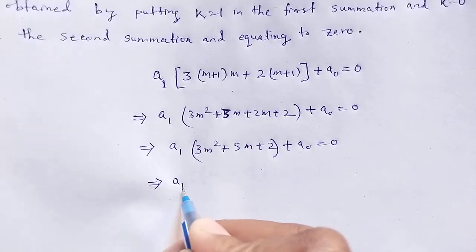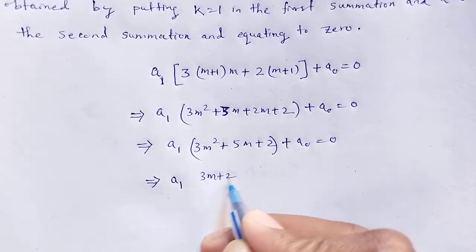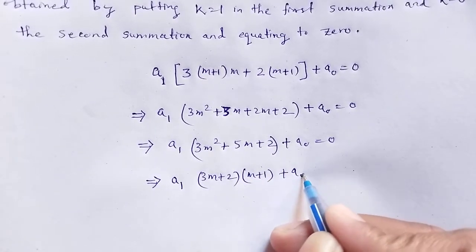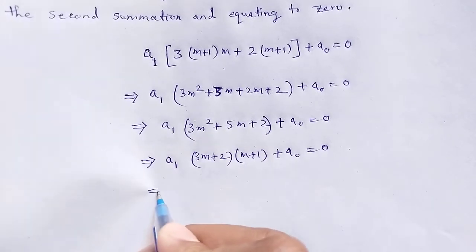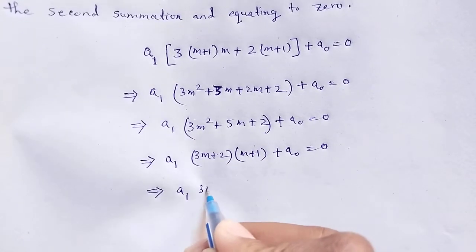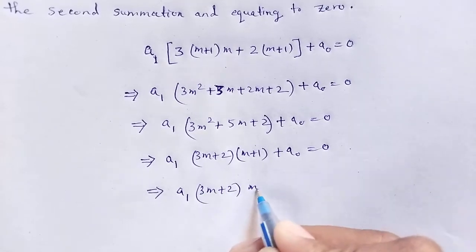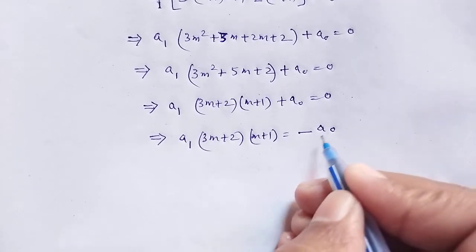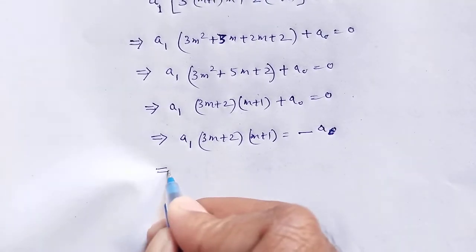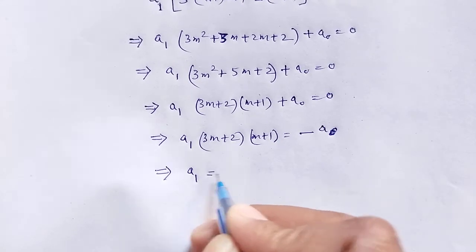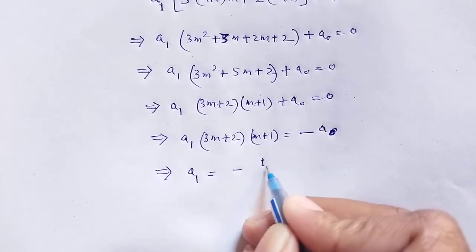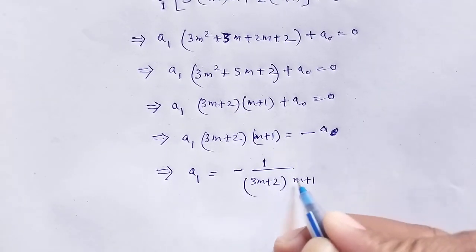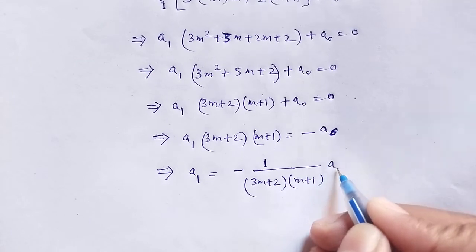We factorize that, we have (3m + 2)(m + 1) plus a₀ is equal to 0, which implies a₁(3m + 2)(m + 1) is equal to −a₀, which implies a₁ will be −1/((3m + 2)(m + 1)) times a₀.